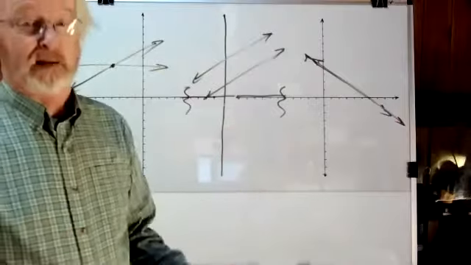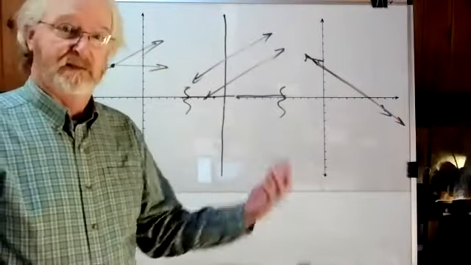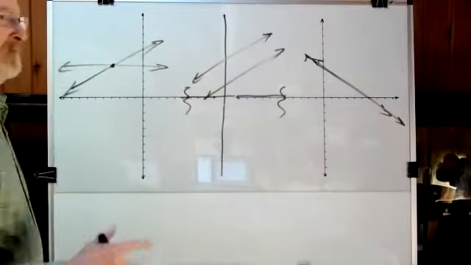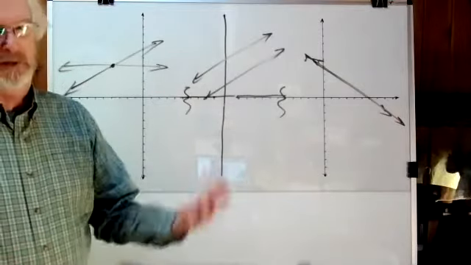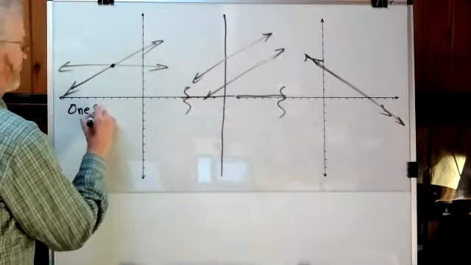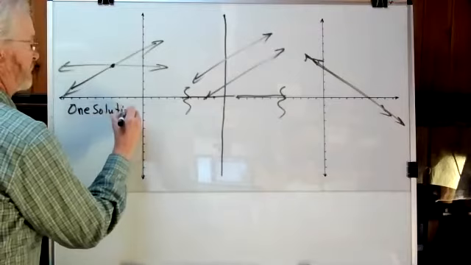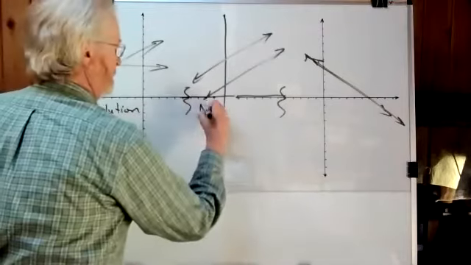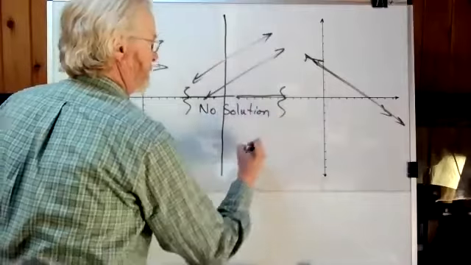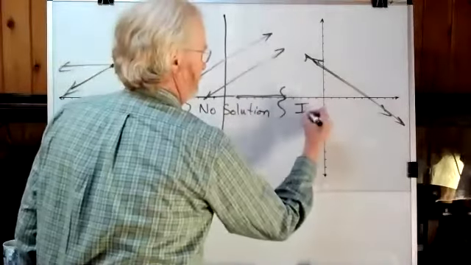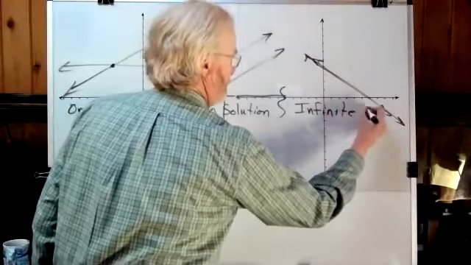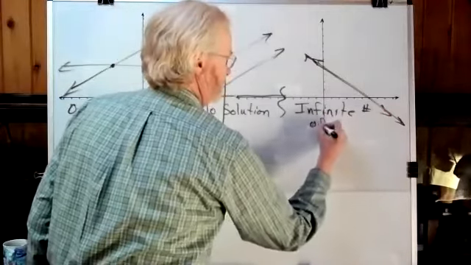So here are the three possibilities for these systems built out of two equations. So we have two sets of terms. Well, let's just say here, first of all, one solution, right? One solution, this one, no solutions. And this one, infinite number of solutions.